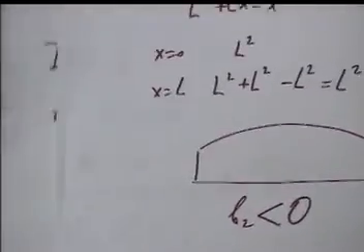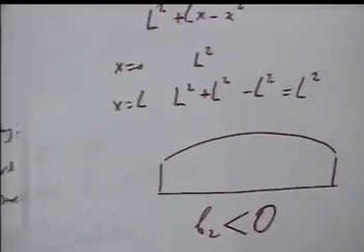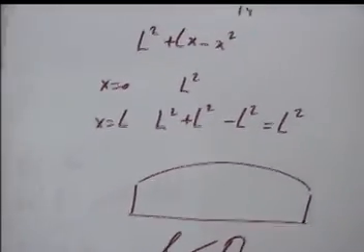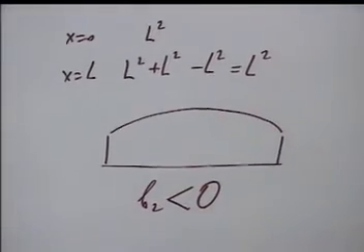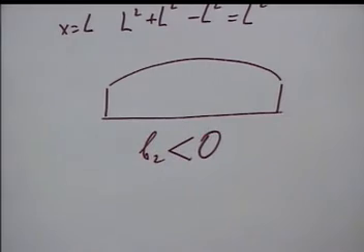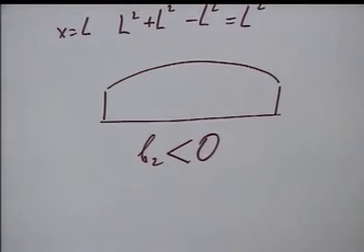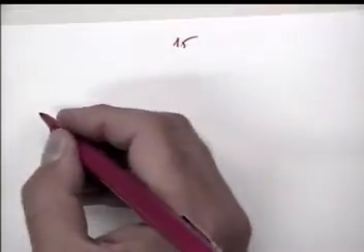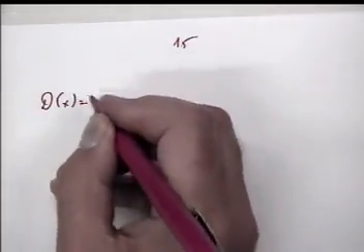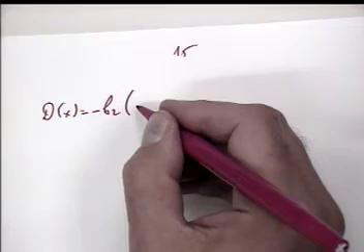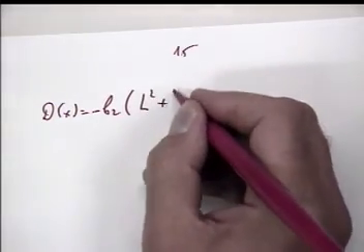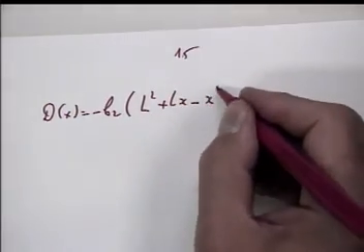Now, let us summarize the results. First of all, we got some great results. Second of all, what are the results? D of x equals minus B2 times L square plus Lx minus x square.